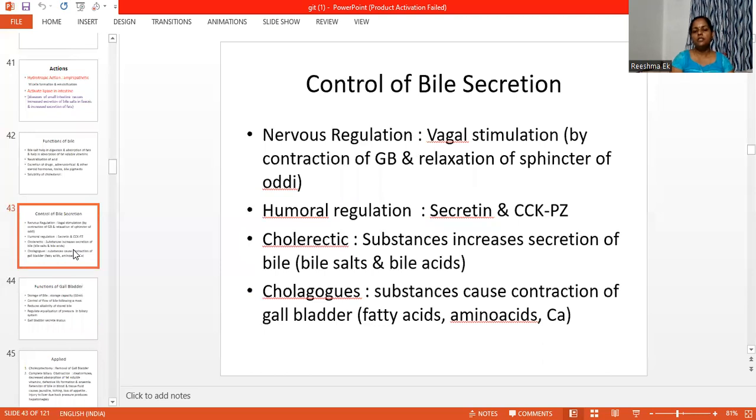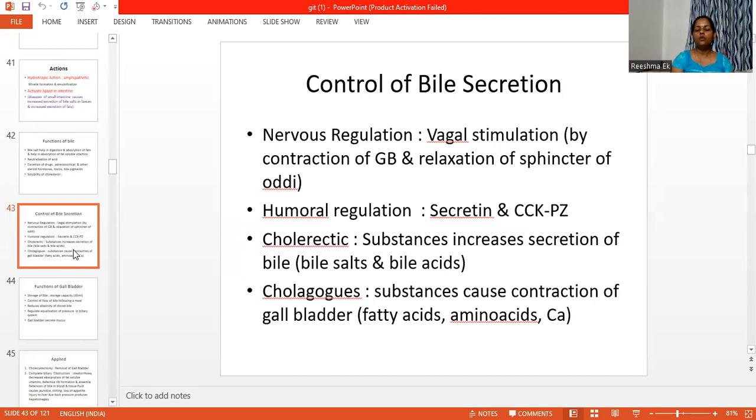Then the last topic of bile or liver is the control of bile secretion. Bile secretion is regulated by neural regulation, hormonal regulation, and by choleretics and cholagogues. Neural regulation is by vagal stimulation, that is, by the contraction of the gallbladder and relaxation of the sphincter of Oddi.